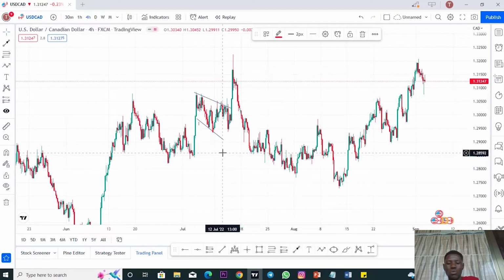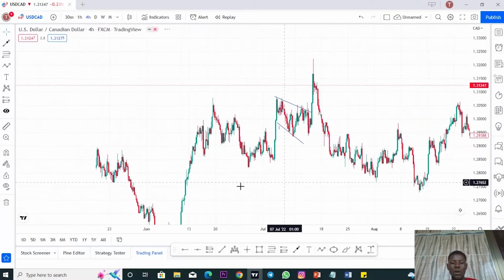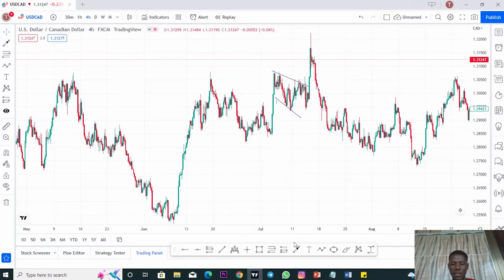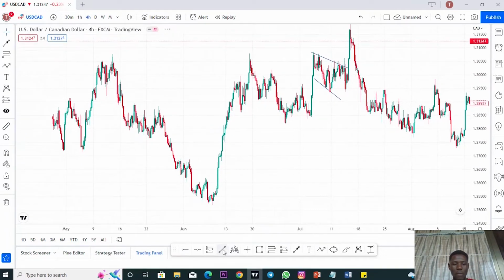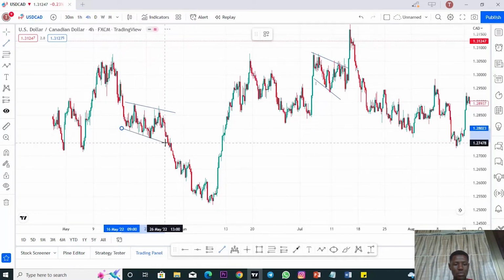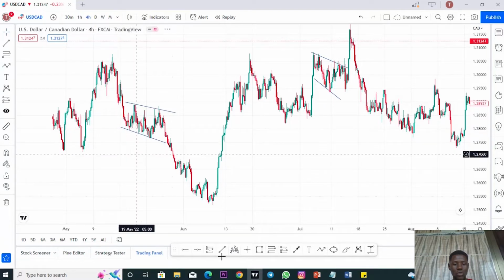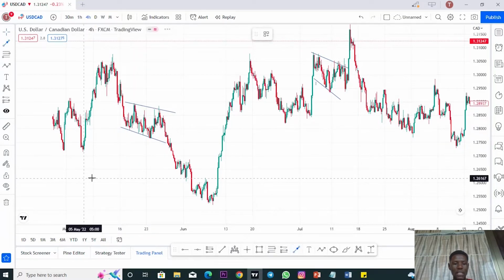So let's spot another flag right here. Okay, we can spot another flag here, and another flag here too. So guys, I hope you can see this very clearly.